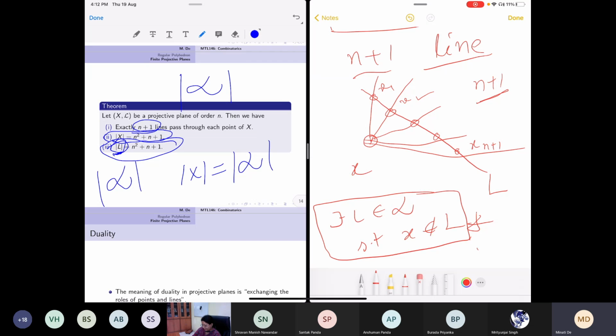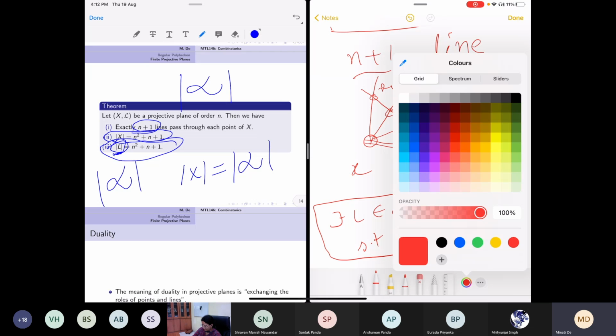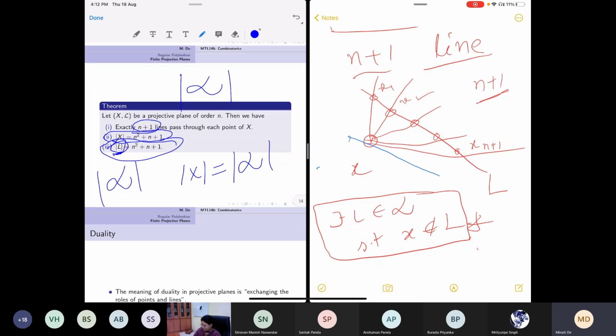So let's say, as Shanta said, I have one line. Let's say that line is L dash, some line, which is not counted in this count, right? So if you consider this line L dash, of course, according to our assumption, according to our finite projective plane definition, it should intersect L at some point, right?